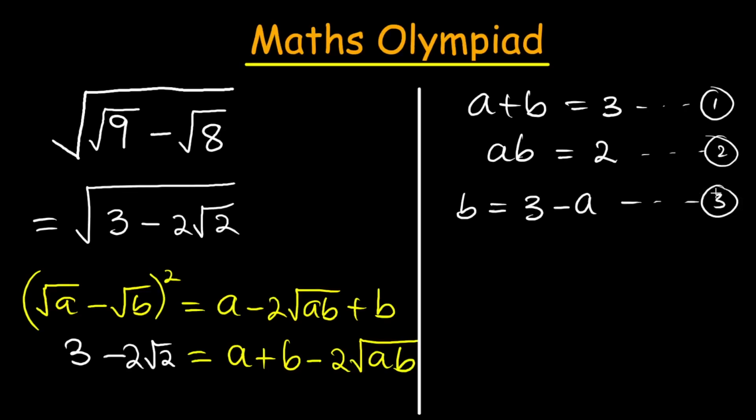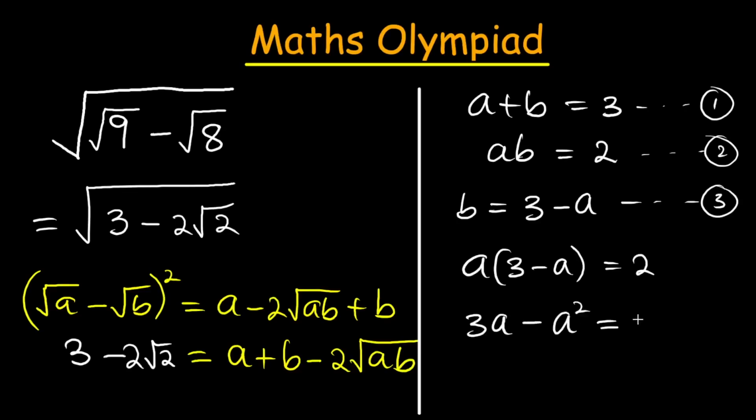The next step is to substitute equation 3 into equation 2. So that's going to be a times 3 minus a is equal to 2. Simplifying this by removing brackets, that's 3a minus a squared is equal to 2. I'm going to rewrite this to give me a standard quadratic equation: a squared minus 3a plus 2 is equal to 0.